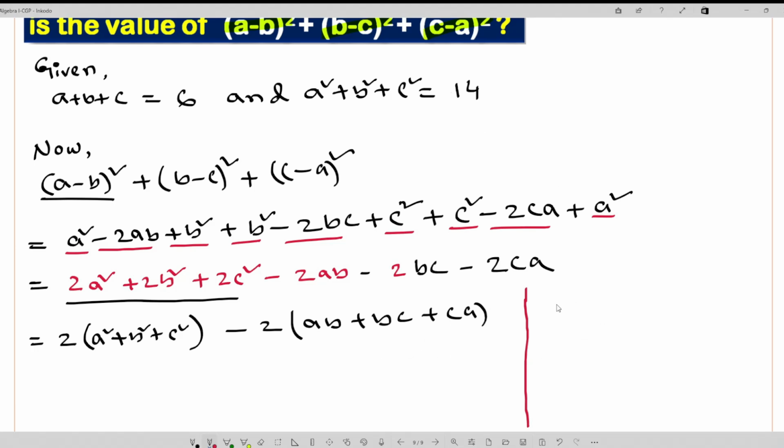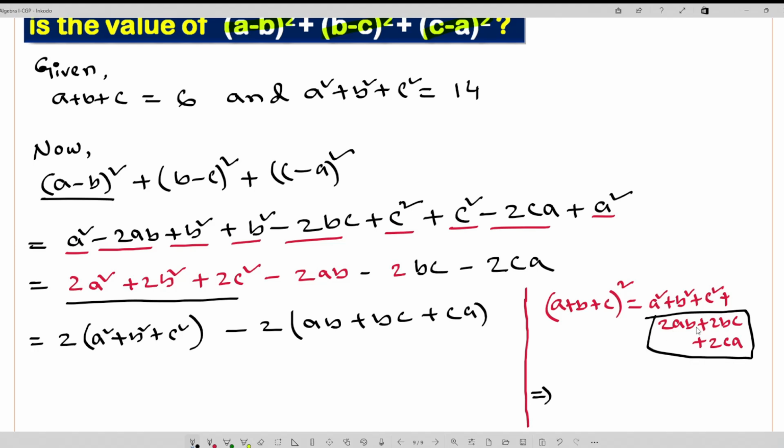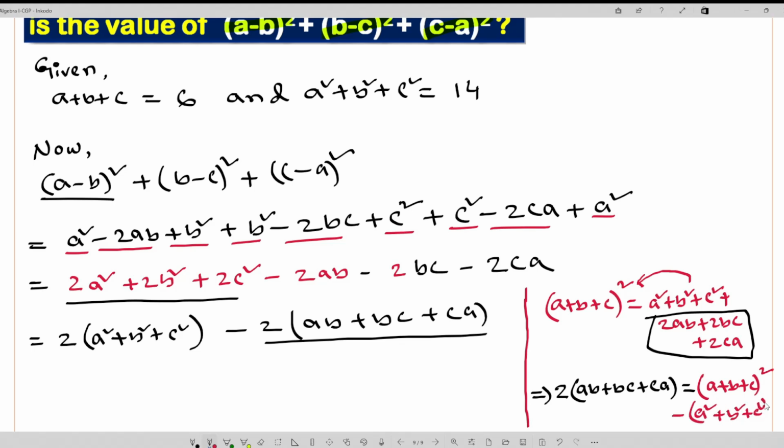We know (a + b + c)² = a² + b² + c² + 2ab + 2bc + 2ca. Now we need 2ab + 2bc + 2ca, so taking common 2, 2(ab + bc + ca). If we transfer a² + b² + c² to the other side, we can write 2(ab + bc + ca) = (a + b + c)² − (a² + b² + c²).